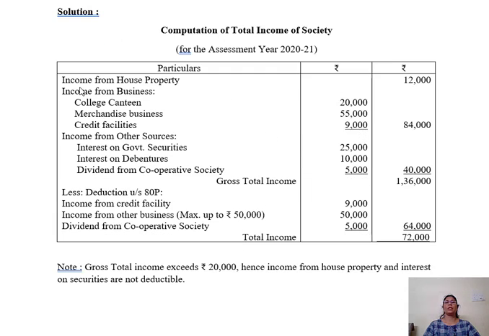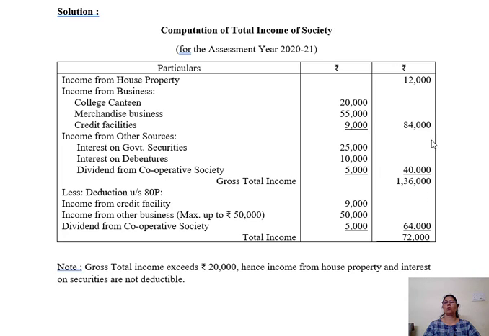So computation is: one is income from house property 12,000, income from business, college canteen, merchandise and credit facilities. Total income from business is 84,000. Income from other sources is interest on government securities, interest on debentures and dividend from cooperative society. So total income from other sources is 40,000.